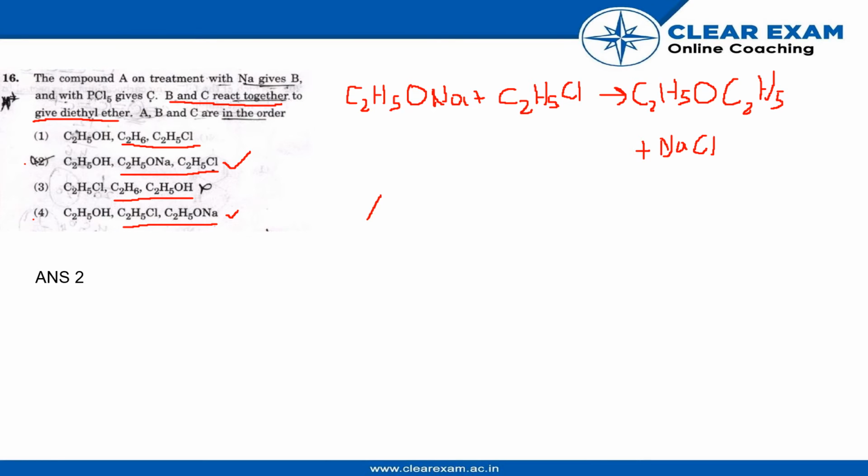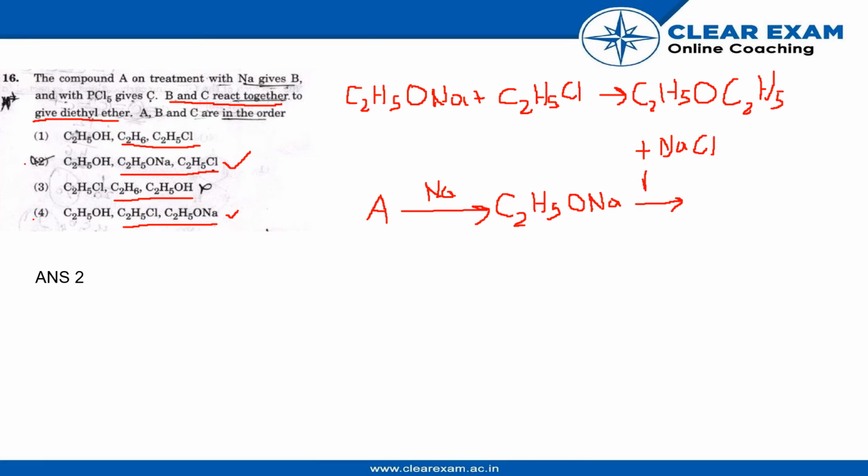Next, it is given that A on reaction with Na will give B. So we know that B is C2H5ONa, as it can't give C2H5Cl on reaction with Na, so automatically it is Na.